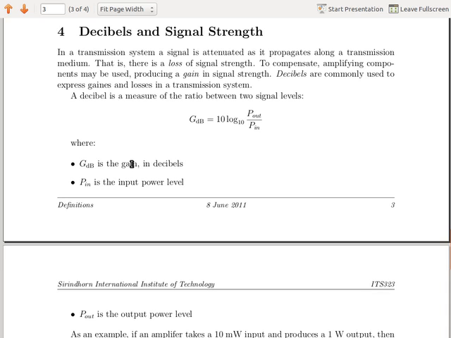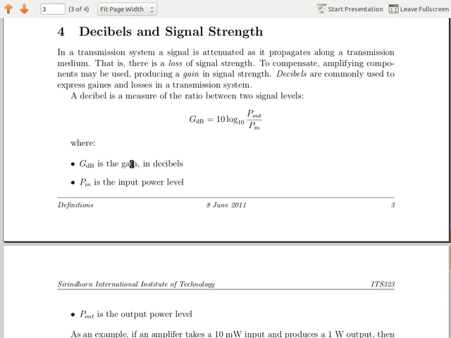But we lose power over the channel, remember. Our signal attenuates, it gets weaker. So the power level at the receiver is going to be less. Let's say it's 0.01 watts.